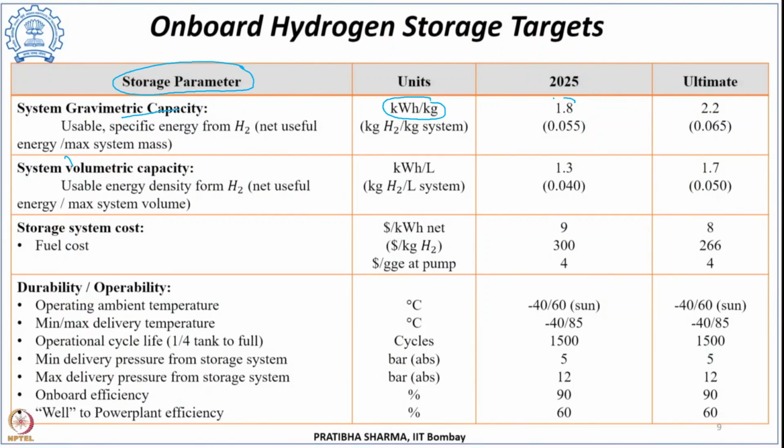The target up to 2025 is 1.8, and the ultimate target is 2.2. Similarly, for the hydrogen system volumetric capacity, the 2025 target is 1.3 and the ultimate target is 1.7. You can remember or study these.